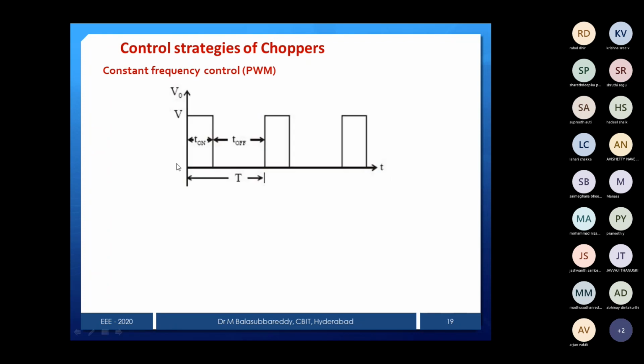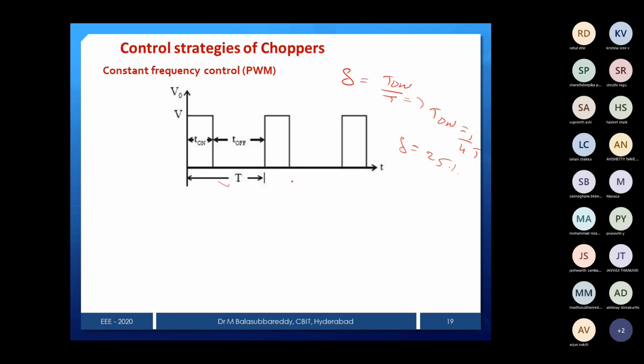Now what is the value of delta here, anybody? Let us assume that I made T on this much duration and T off this much, so total T is there. Then what is the delta? I can write delta is equal to T on by total T. Say the on period I made 1/4 of the total time, then the delta is equal to 25%.